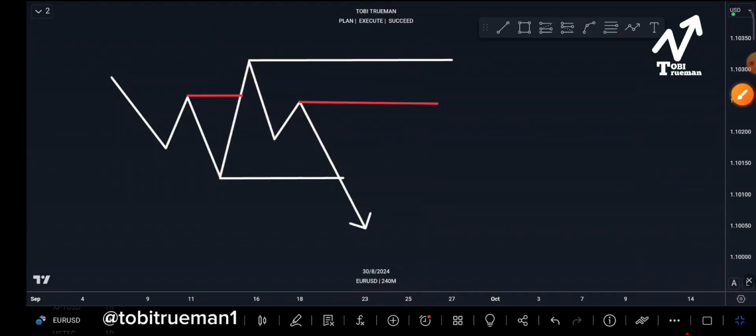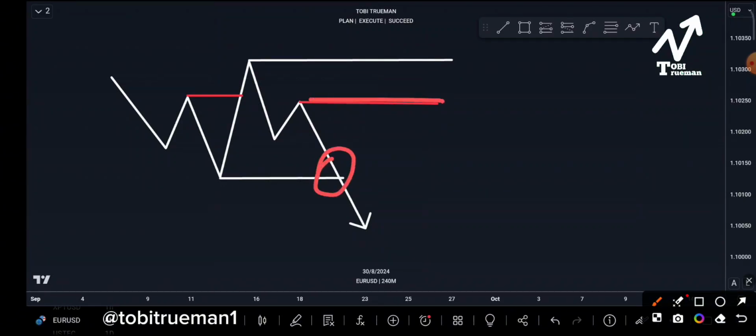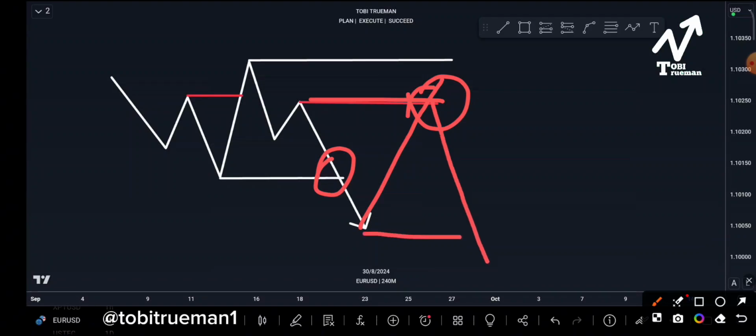So in this scenario, if we have only this pullback after price has caused a break of structure, we want price to come and take out this inducement here. It's our minor inducement, right? Price can come and take out the minor inducement. If it gives us our entry, we will take it and sell downward, okay?